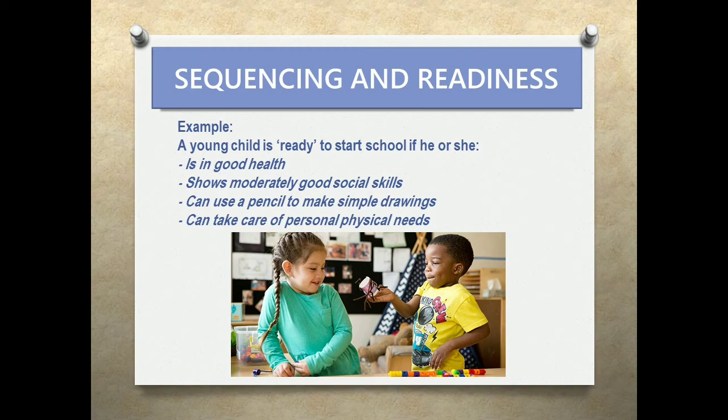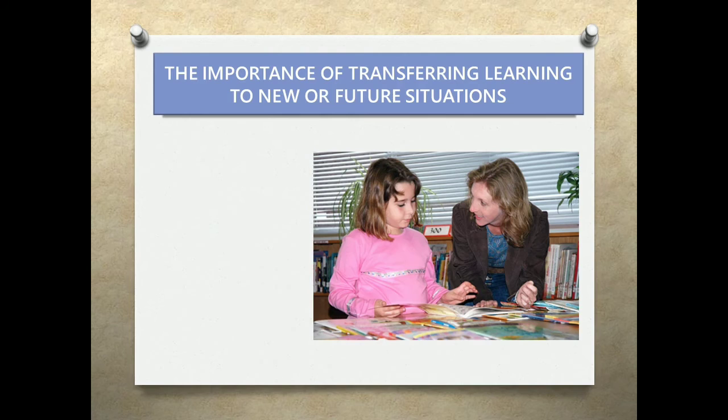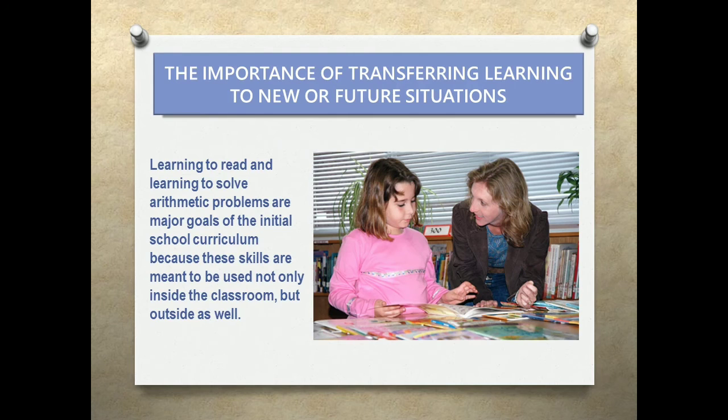And we consider that important when deciding when to send kids to school, right? Learning to read and learning to solve arithmetic problems are major goals of the initial school curriculum, because these skills are meant to be used not only inside the classroom but outside as well.